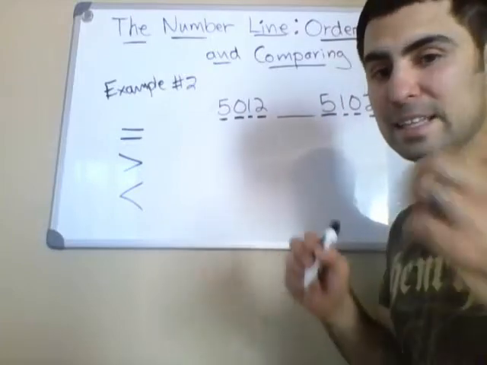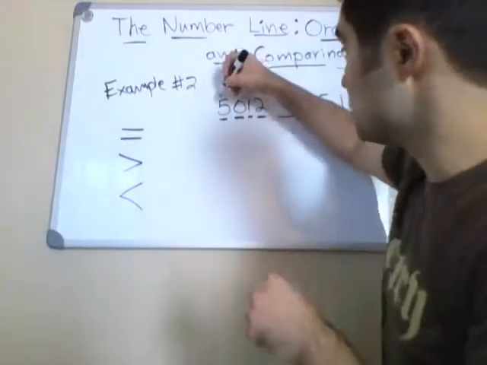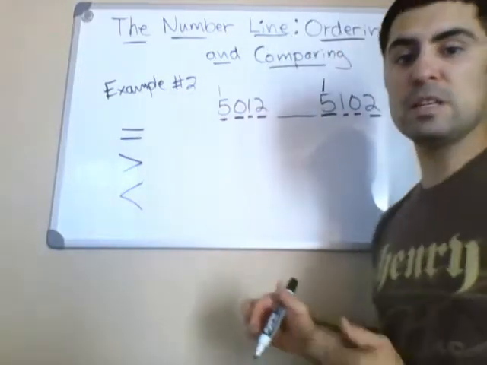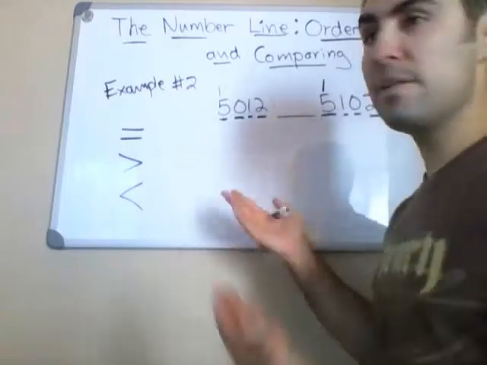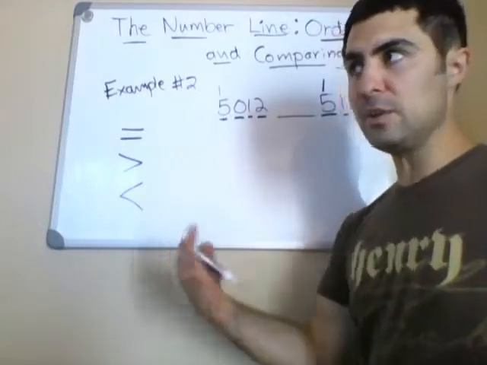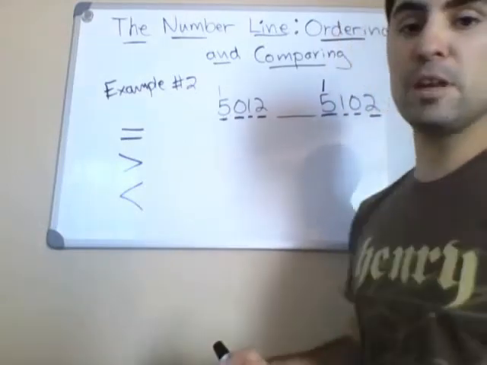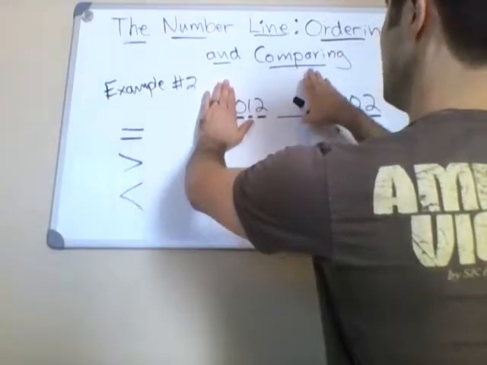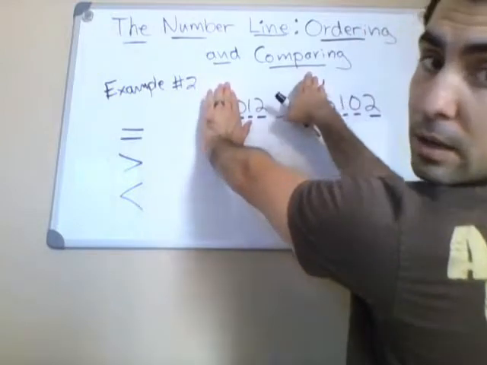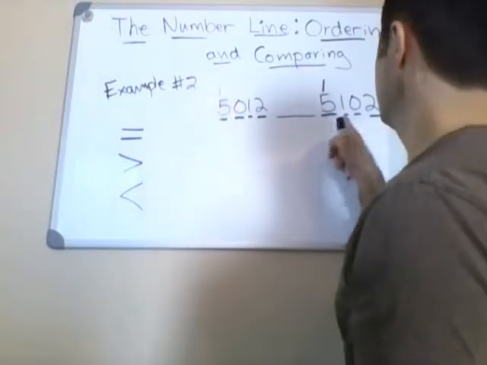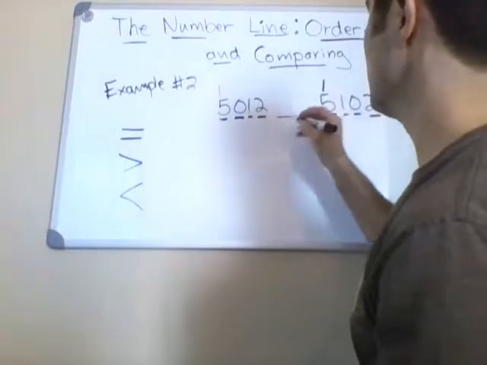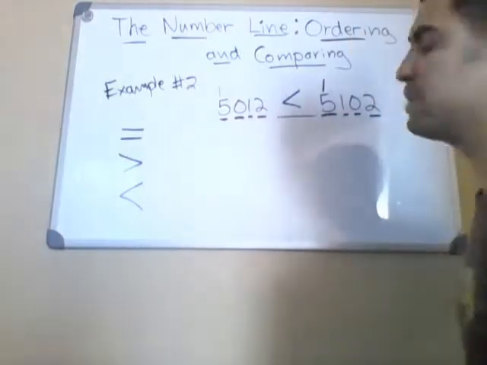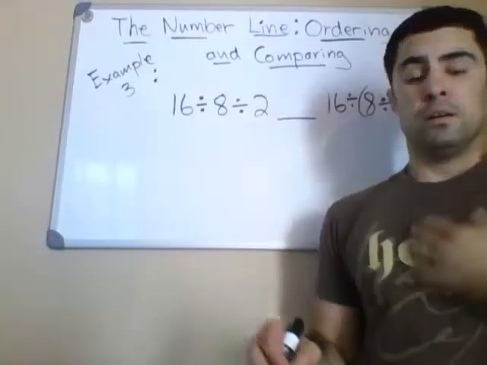If that number is the exact same, I say, okay, this is 5, this is 5. It's both 5,000. 5,000 equals 5,000. So that doesn't give me enough information to evaluate this. So I just cover up the 5, and then I see that 102 is larger than 12. Or this 5,012 is less than 5,102. Hopefully that makes sense.